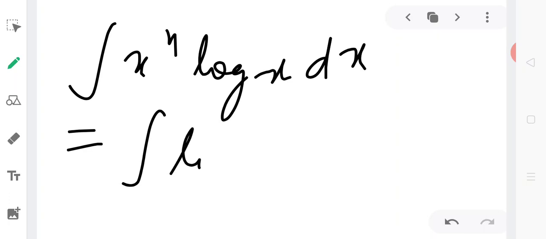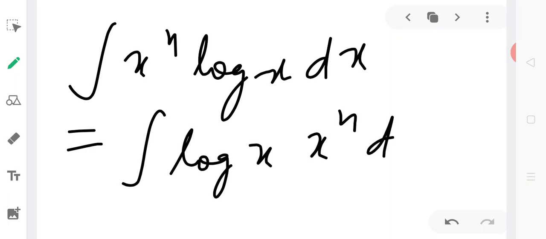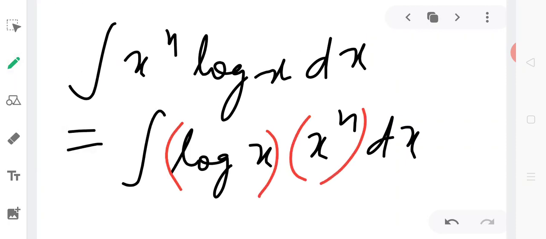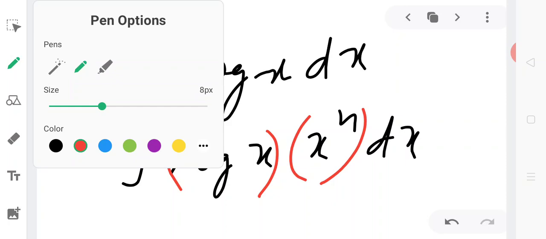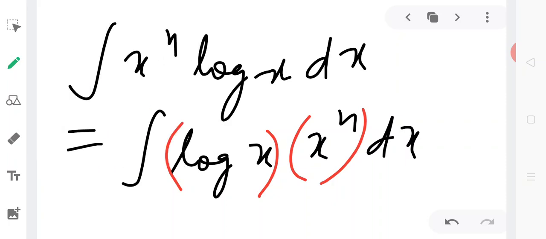Now this may be written as log x into x to the power n dx. It's the same thing. Now in this case we are having two different functions. So whenever we are having this sort of an integral, we can use a method.